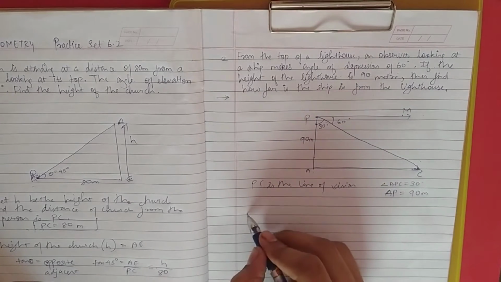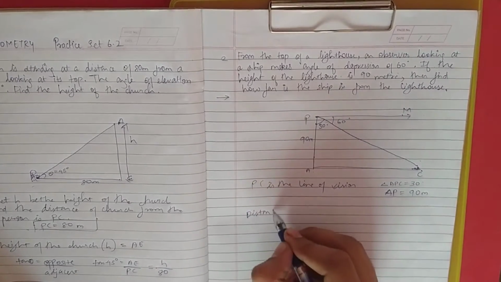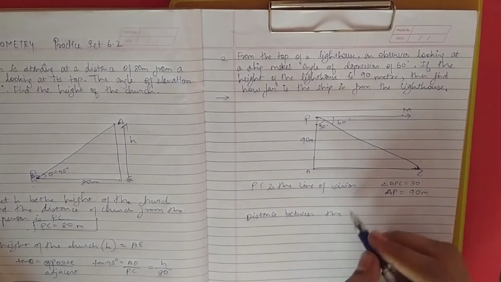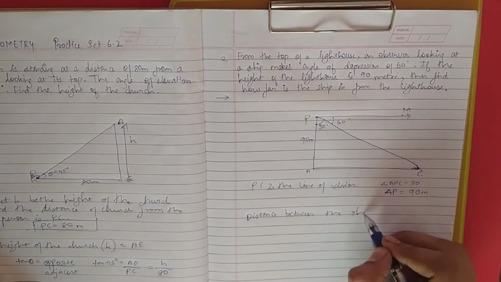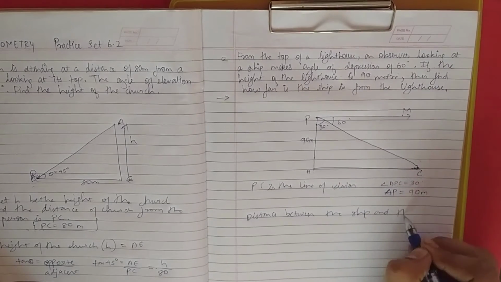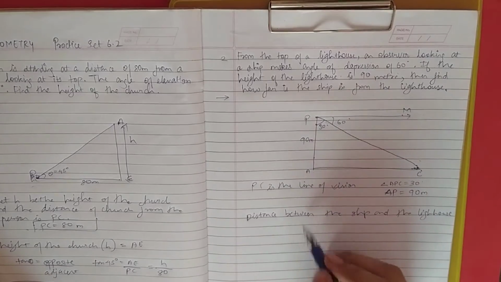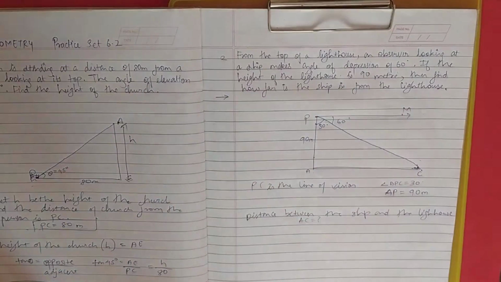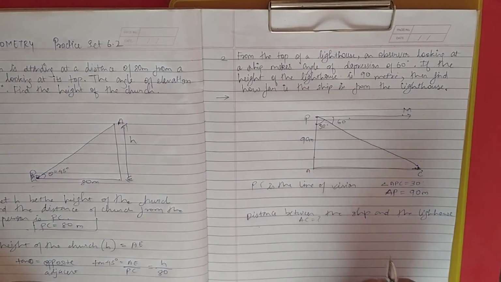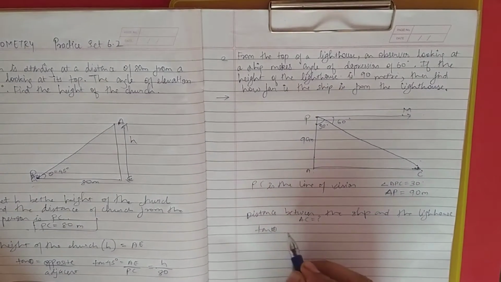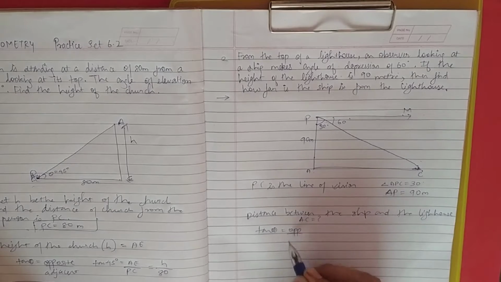So we have to find the distance between the ship and the lighthouse, which is AC. For AC we will use tan theta again. So tan theta is opposite upon adjacent.